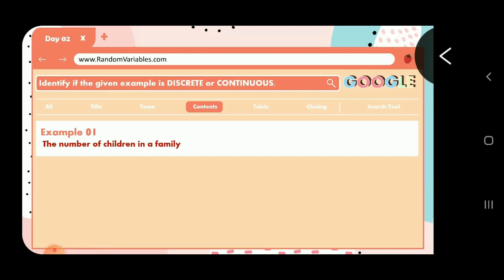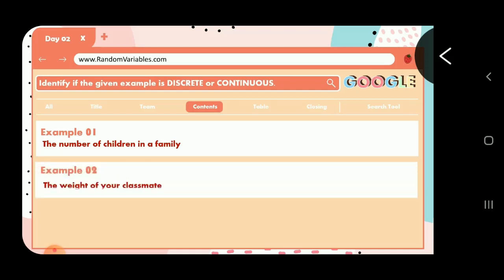The correct answer is discrete random variable because you are going to count the number of children in a family. You get the number through counting. So that is an example of a discrete random variable.